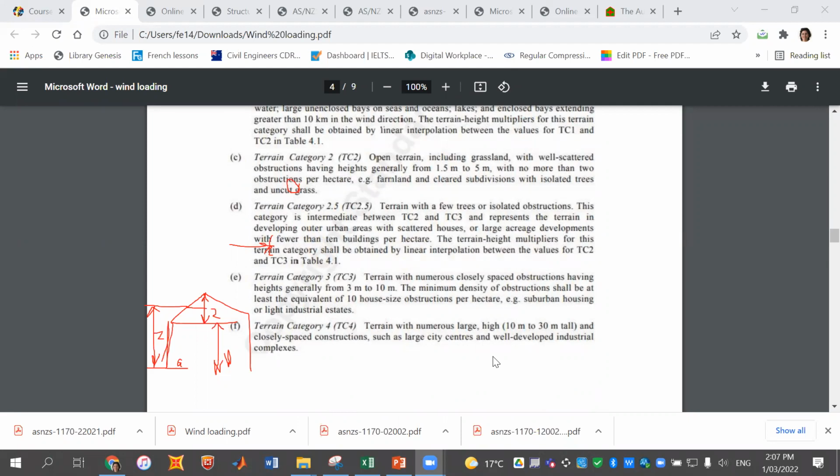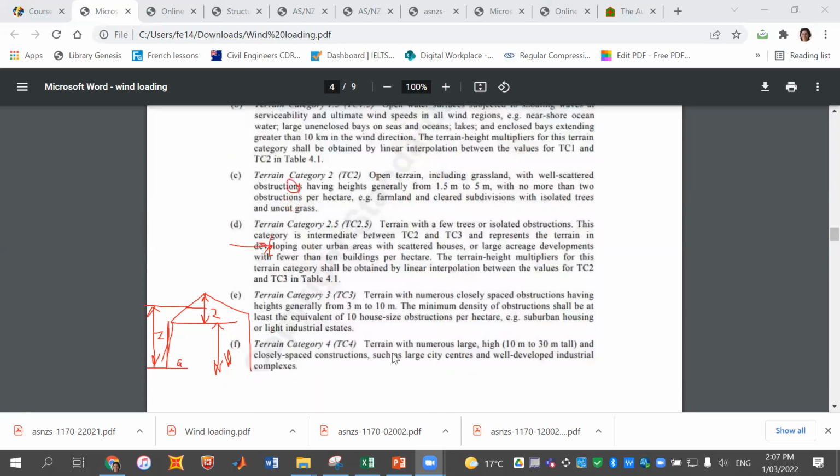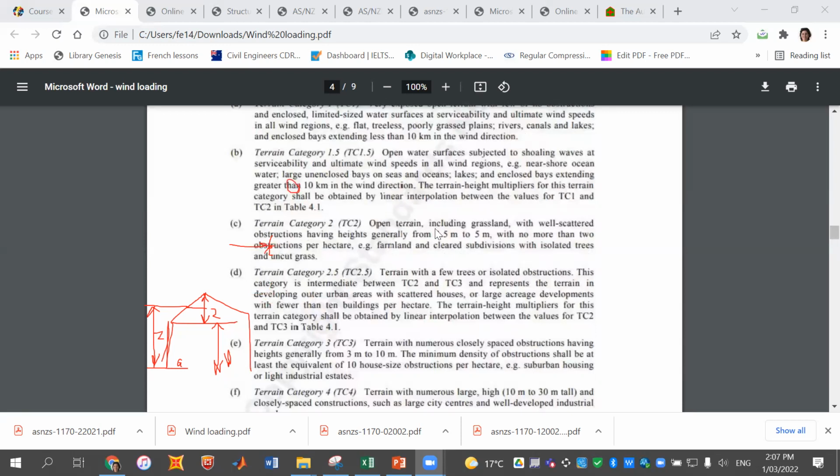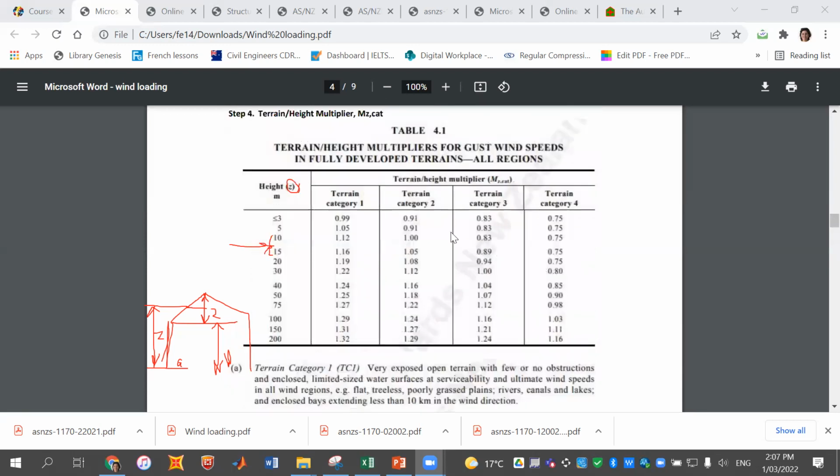If you look at Google Maps, you may find out if there are many buildings around that area or there is none, so you see what terrain it is located on. With some supporting information in your report, you will choose one of these terrains to read this table.